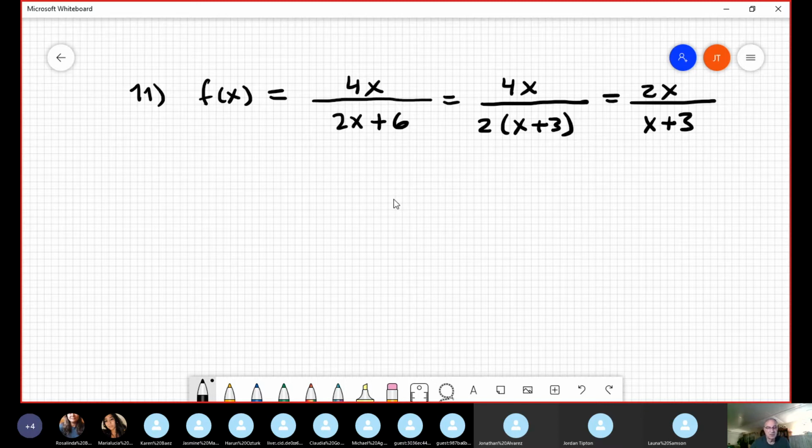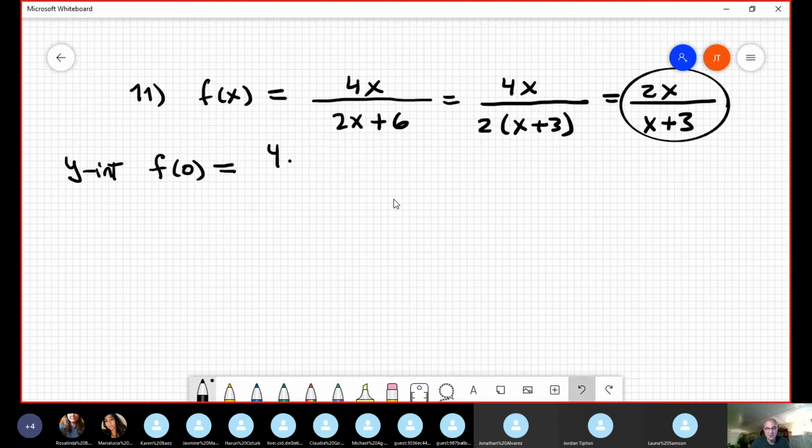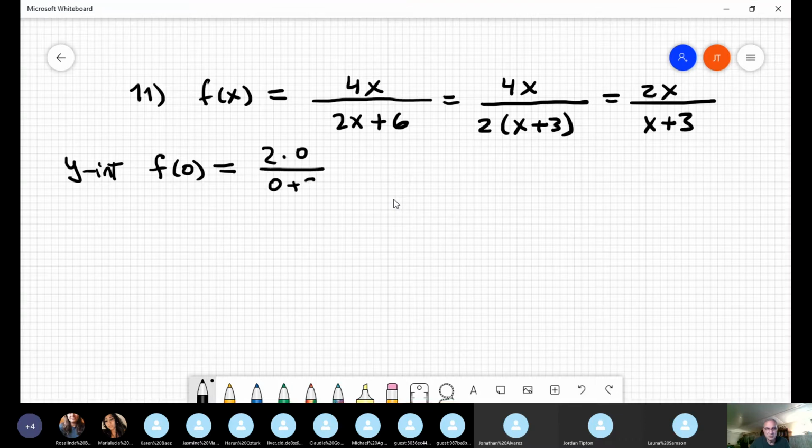Okay, now what's the next step? According to the methodology I teach you, find the y-intercept. x is 0. Let's use the new one, the easier one. So 2 times 0 divided by 0 plus 3.